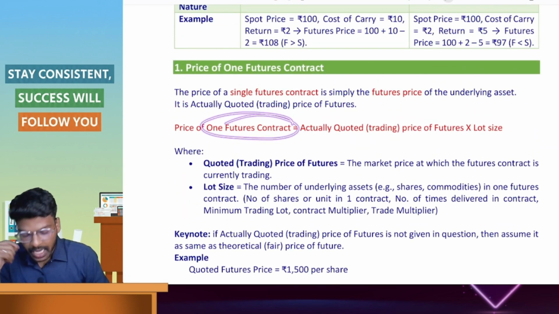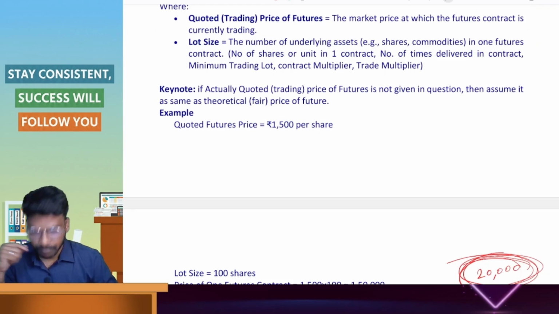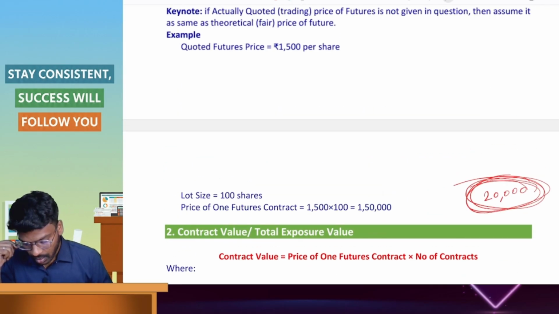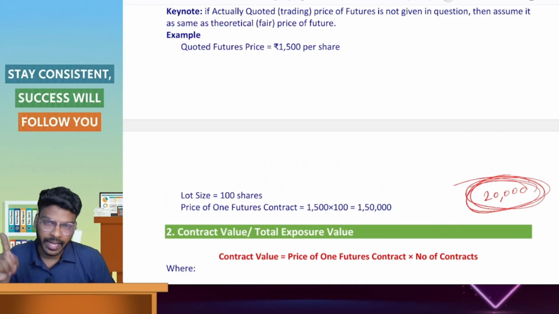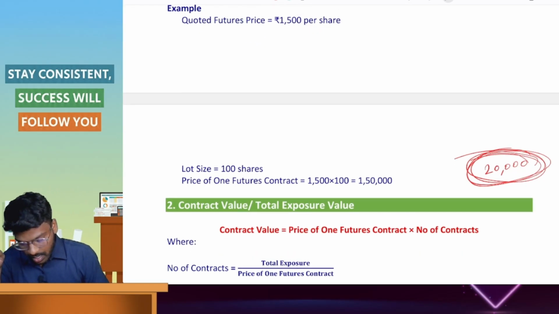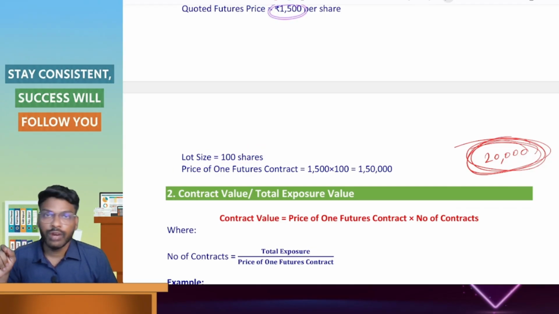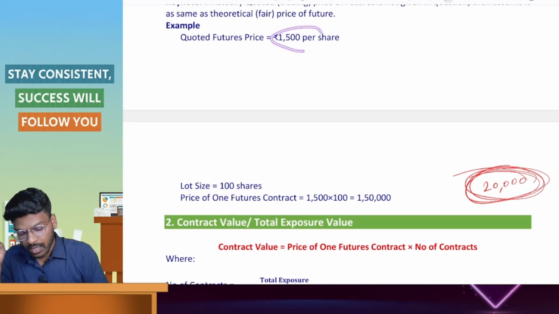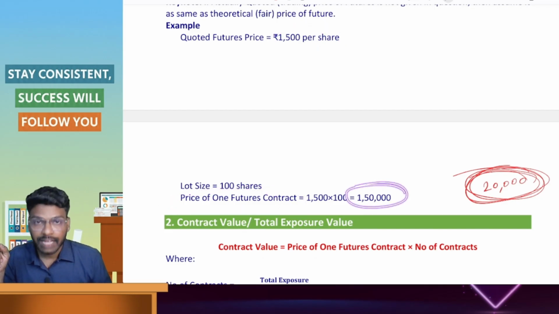Price of one future contract is equal to the actually quoted price of the future multiplied by the lot size. For example, the quoted price is 1500 per share, and the lot size is 100 shares. The per share price is 1500, so one future contract will be 1,50,000.